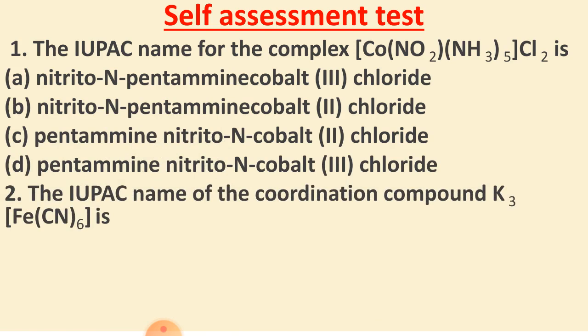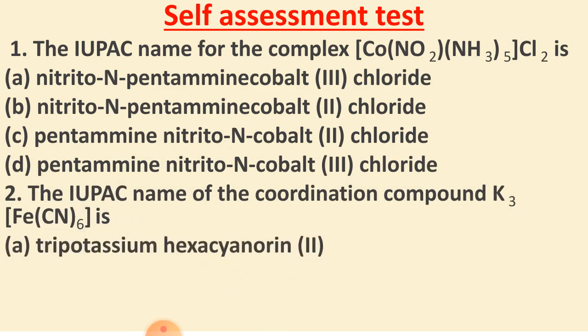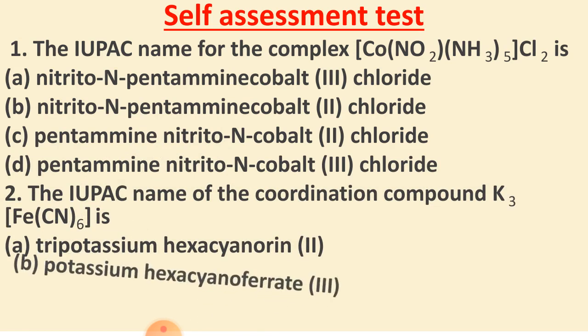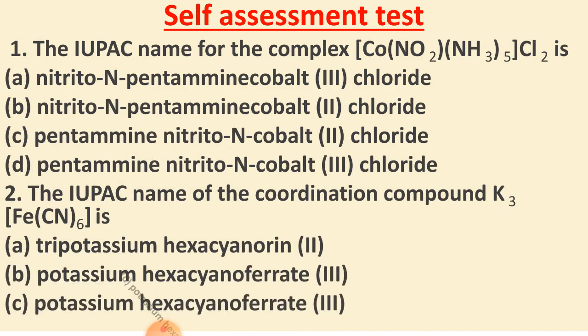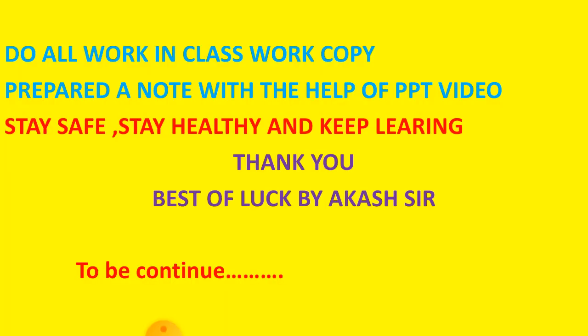Second, the IUPAC name of the coordination compound K3[Fe(CN)6] is: here also 4 options are given, so you have to select the correct answer.